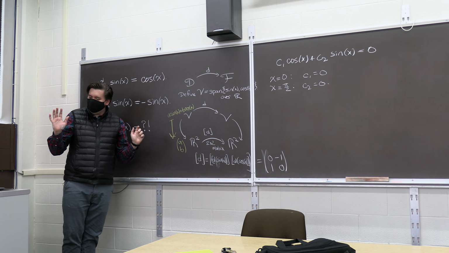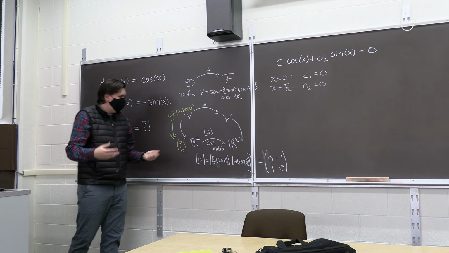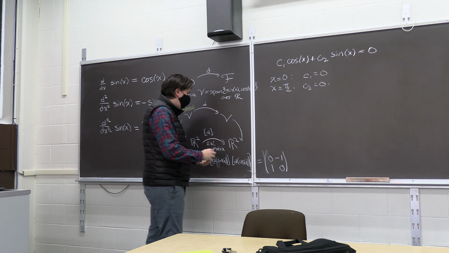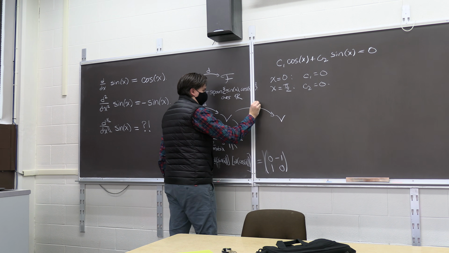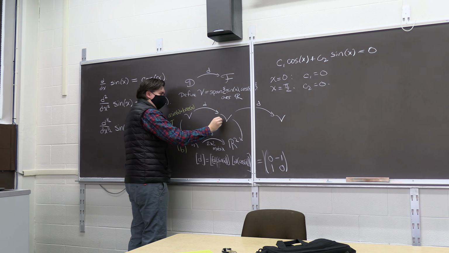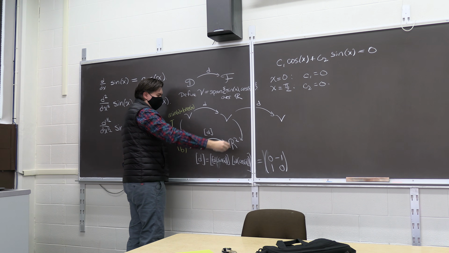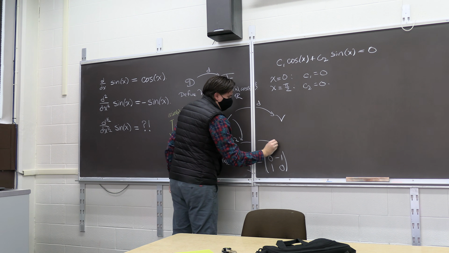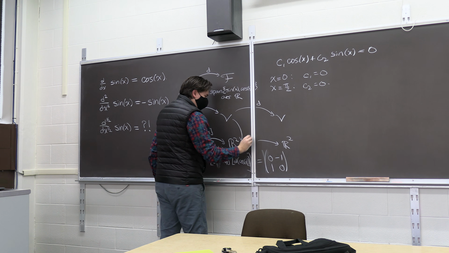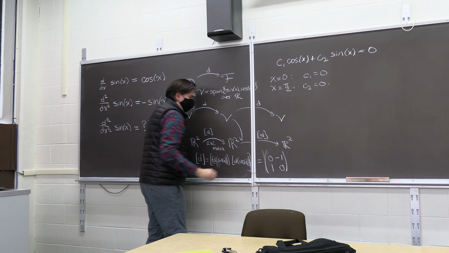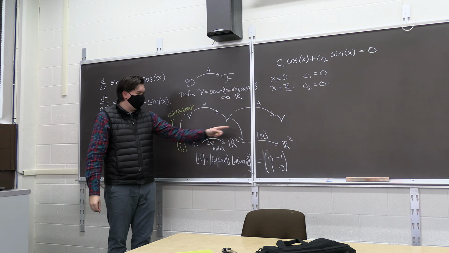And as we've talked about before, if you want to do a composition, like a derivative and then another derivative, I can come down here and that's the same as just applying my matrix D twice.